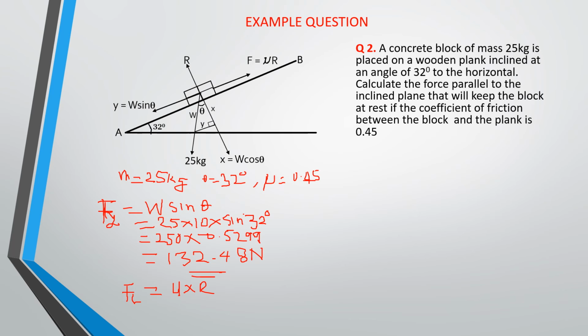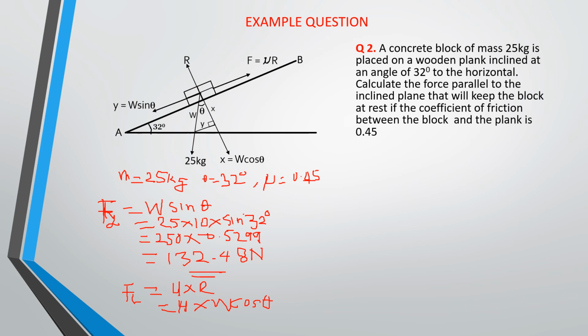Normal reaction is given to you to be W cos theta, and the coefficient of friction has been given to you. So this is the coefficient of friction multiplied by W cos theta.